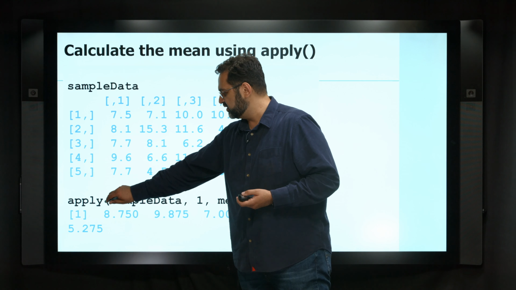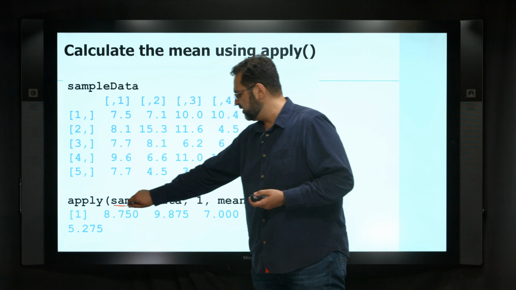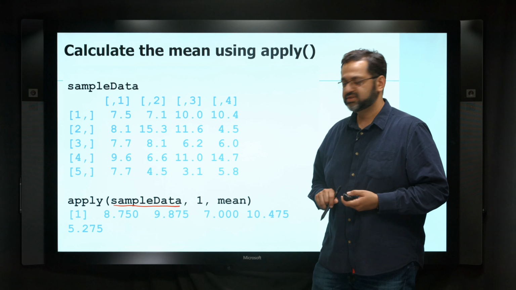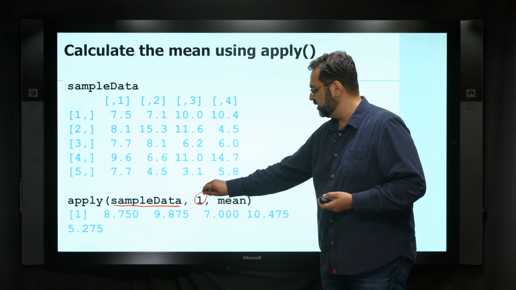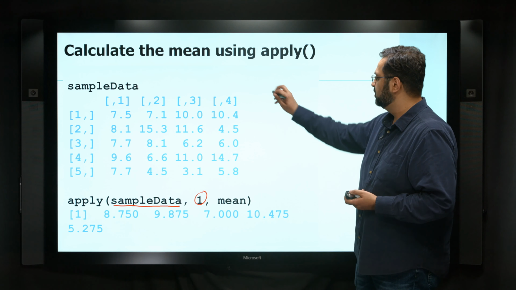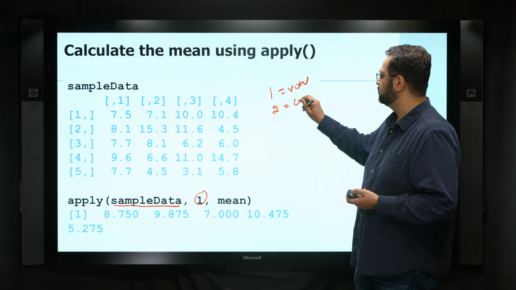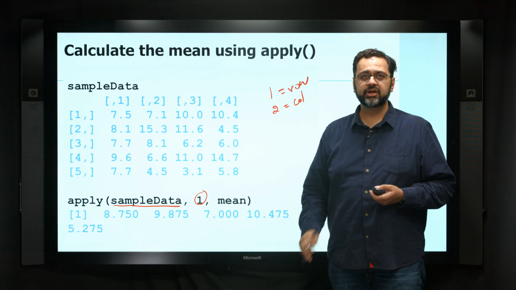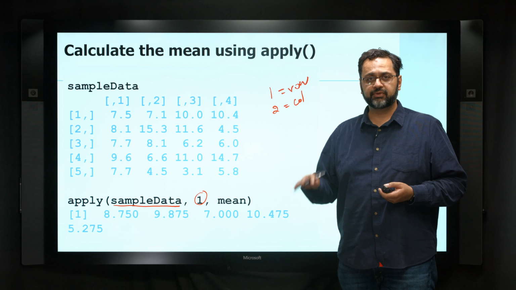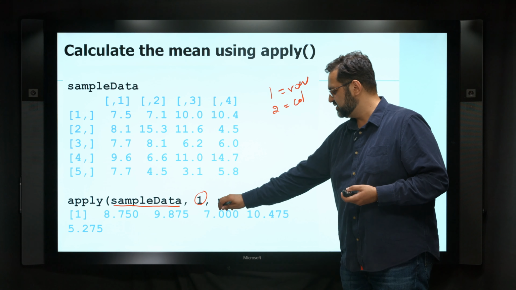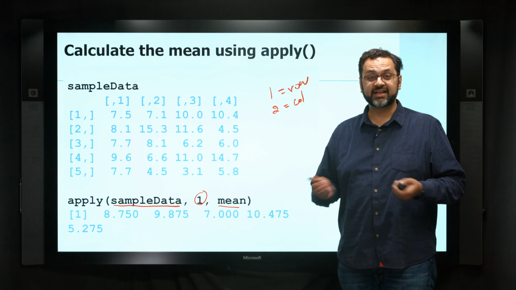We provide the argument, in this case, our matrix. Over here is 1, which means every row. So 1 equals row, and 2 would mean column. If you put a 2 there, it would calculate the average of all the columns. And this is the name of the function you want to operate, and that's it.